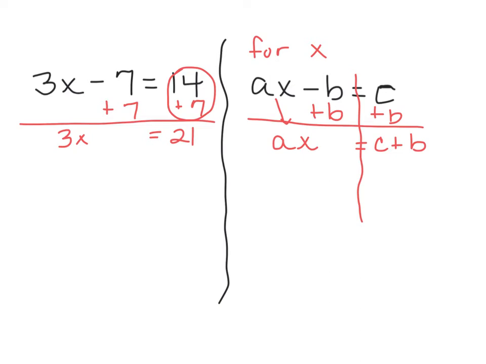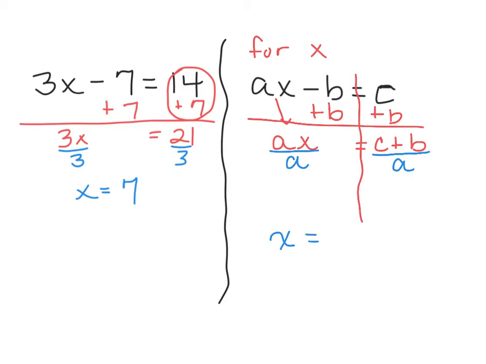Now over here on the left, my last step would be divide by 3. And x would equal 7. Well, similarly on the right, my last step is going to be to divide by a. What am I going to divide by a? That whole thing. I'm going to divide by a. Whatever that sum was, I'll divide it by a. So my answer here is not a number.